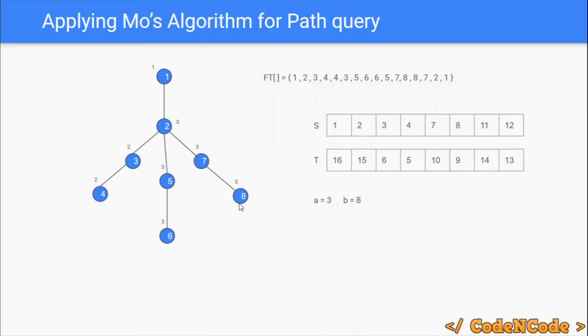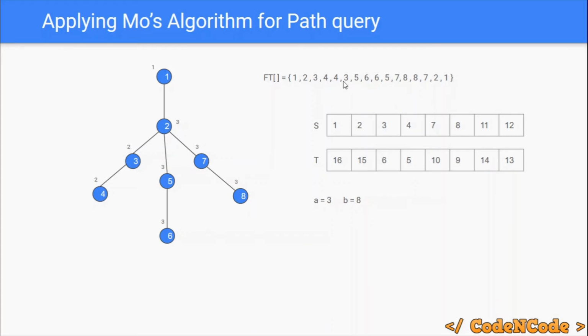Because the path from A to B would be of the form A to LCA and LCA to B, and the path from A to LCA would contain no element from the subtree of A. So it is unnecessary to consider all of the nodes which lie in the subtree of A. So instead of setting L to be starting time of A, we would set L to be terminating time of A.